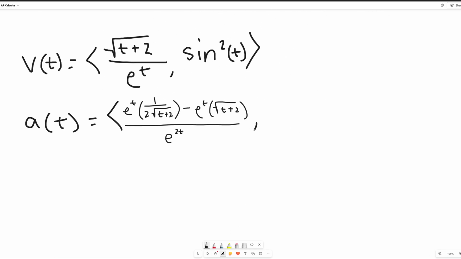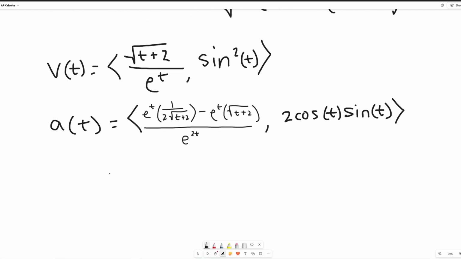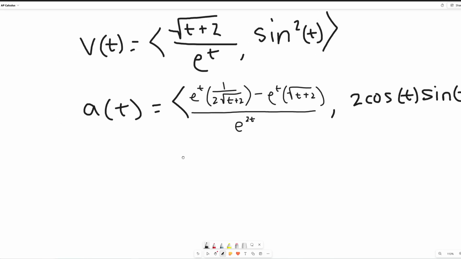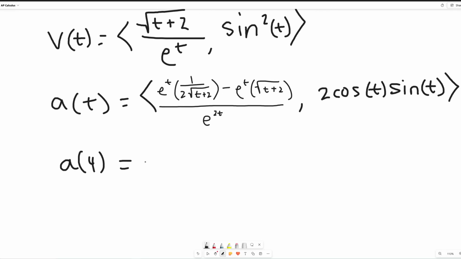Second part is just the derivative of sine squared t, which is 2 cosine t sine t. Okay. And then if we want to find the acceleration vector at t equals 4, it will be a of 4, which will equal e to the 4th. And then I'm going to take these two together.